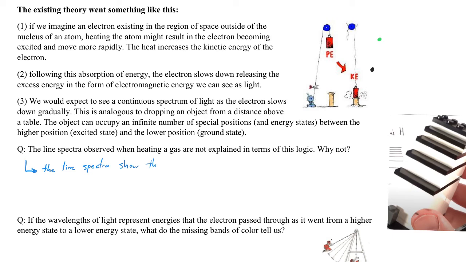And the fact that we have an absence of many colors, say, from hydrogen, for example, tells us that the electron around hydrogen can't exist at those energy levels. So really, the line spectra show us that the electron can only exist at certain specific energy levels.